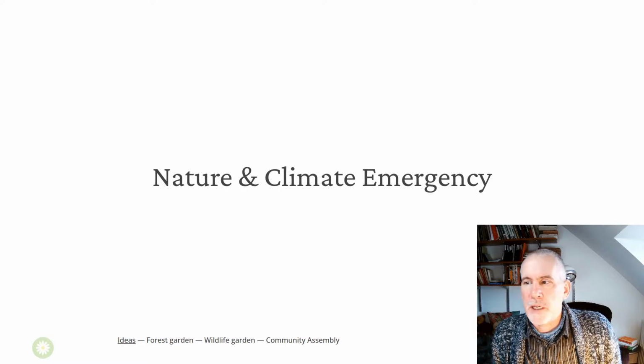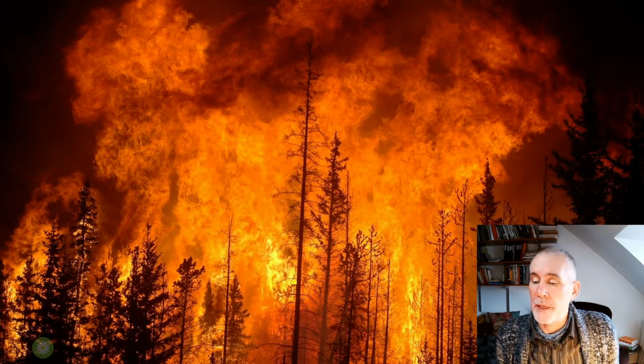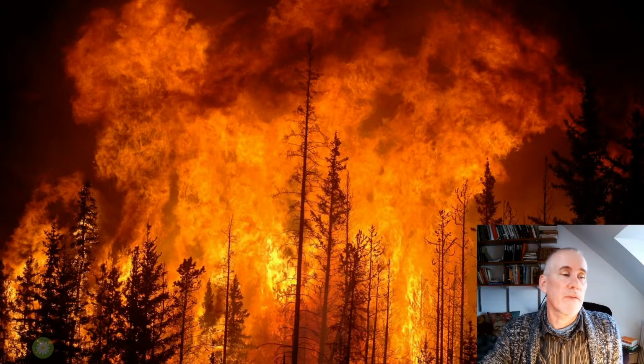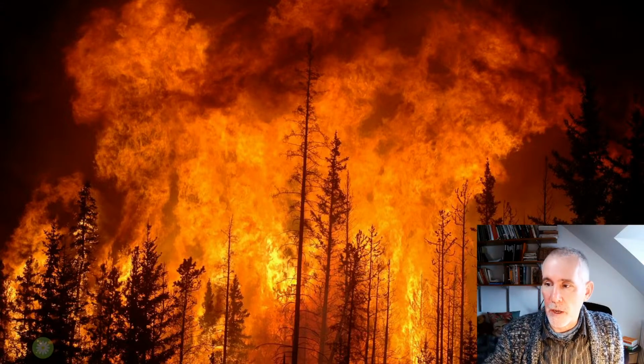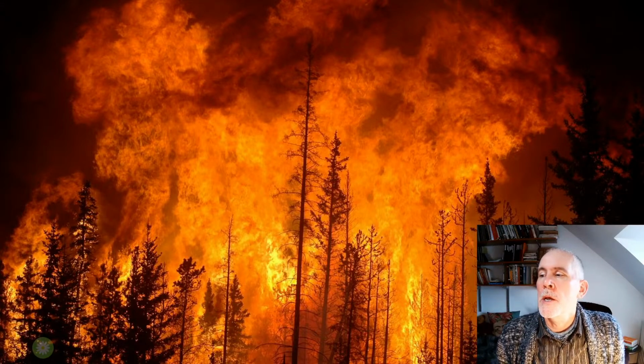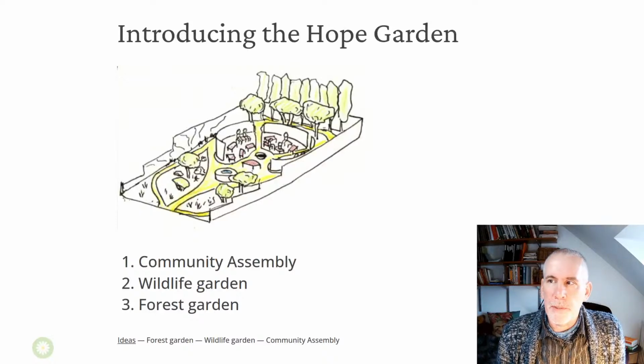And really it comes down to nature and climate emergency, and there is a picture of, I think it was the wildfires in Canada from a couple of years ago. You get the idea. It's happening now. There are floods, there are fires, there are rising sea temperatures, mass extinctions. So what do we do? Not business as usual.